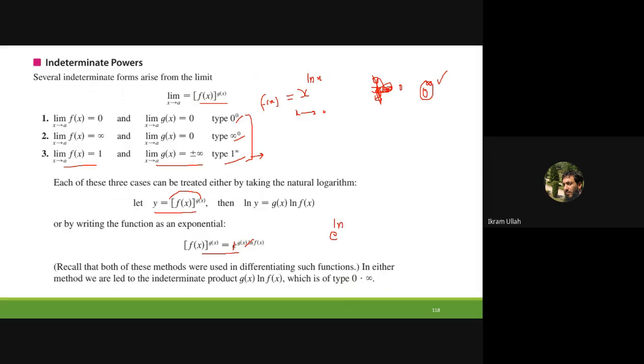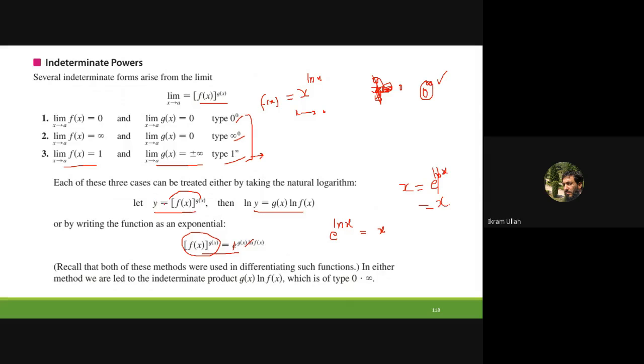For example, we can write x in the form of e to the power ln of x, because the exponential and logarithmic functions are inverses of each other, so they cancel out and this will be equal to x. So this is another way to write a function of this form, in the form of an exponential function e to the power g of x ln of f of x. So these are 2 ways.